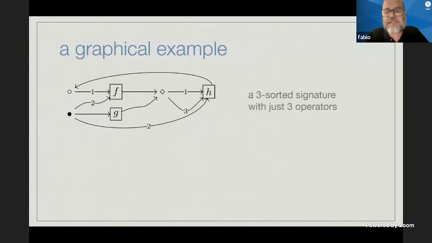So consider this signature. Very silly, we have three sorts, bullet, circle, and diamond, and three operators, F, G, and H. Okay? Is everything fine? Because, of course, this is quite a computer scientist-oriented approach. Well, what is then, for example, a graph where the operators and the nodes are taken from this type?